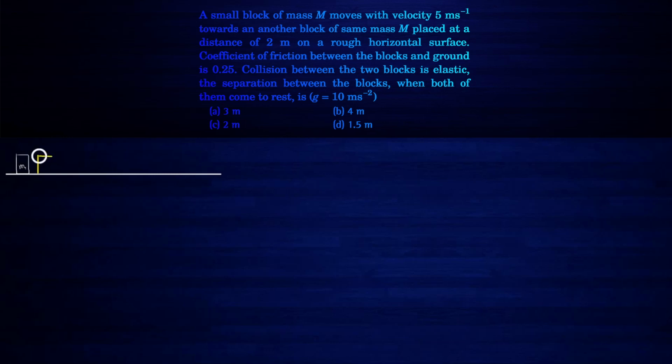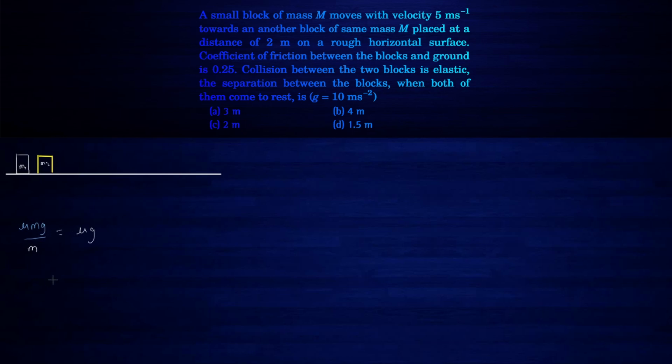This be our mass m2. The force due to friction is mu m g, so the deceleration is mu m g by m, which equals mu g.